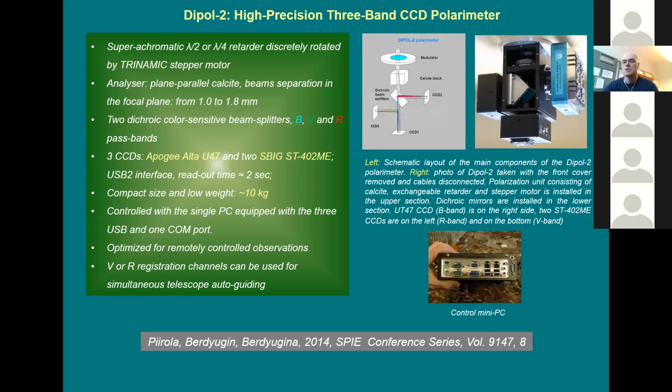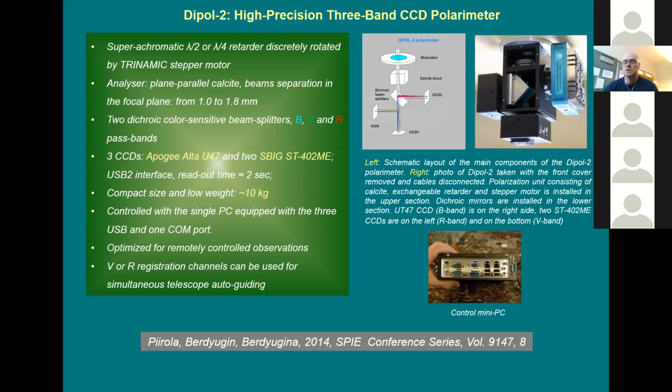Two dichroic color sensitive beam splitters, for B, V and R passbands, are installed just below the polarization unit. We use 3 CCD cameras, blue sensitive APOGEE Alta and Santa Barbara ST402 for the V and R passbands, and they all are connected and controlled via USB 2 interface, so the readout time for all 3 cameras is approximately 2 seconds.